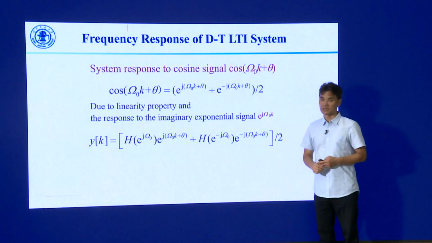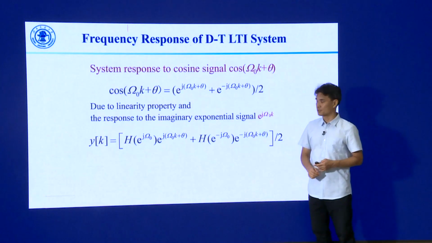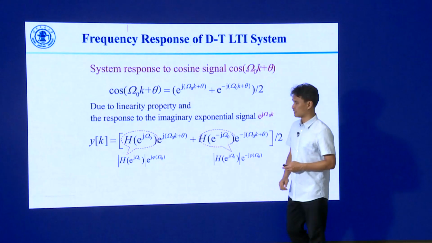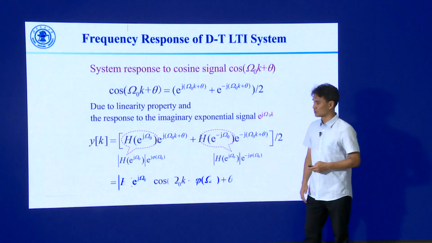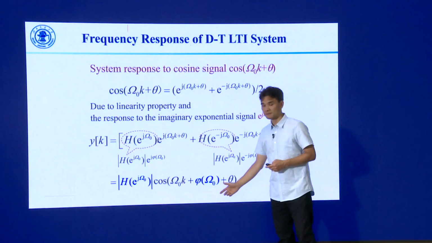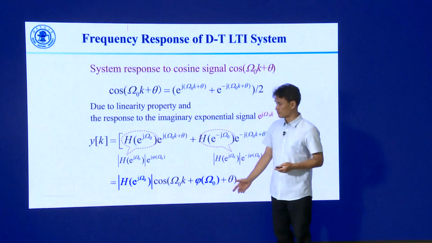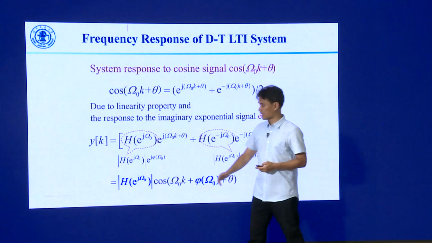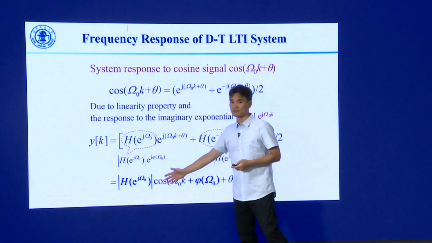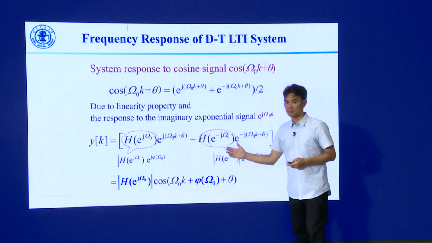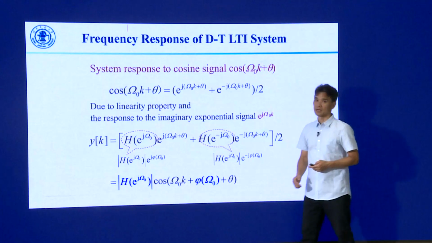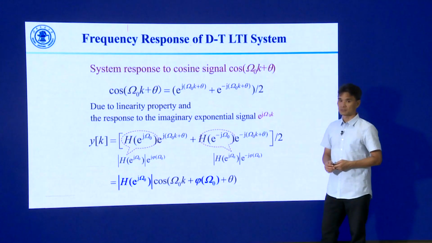Then, based on the conjugate symmetry property, we can further simplify this expression into another cosine function with the same frequency, but the amplitude will be modified by the system's amplitude response, and the phase is modified by the system's phase response.